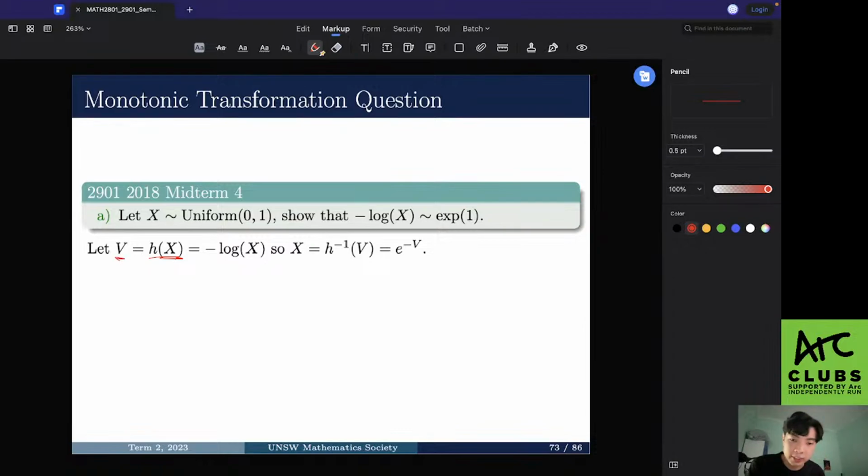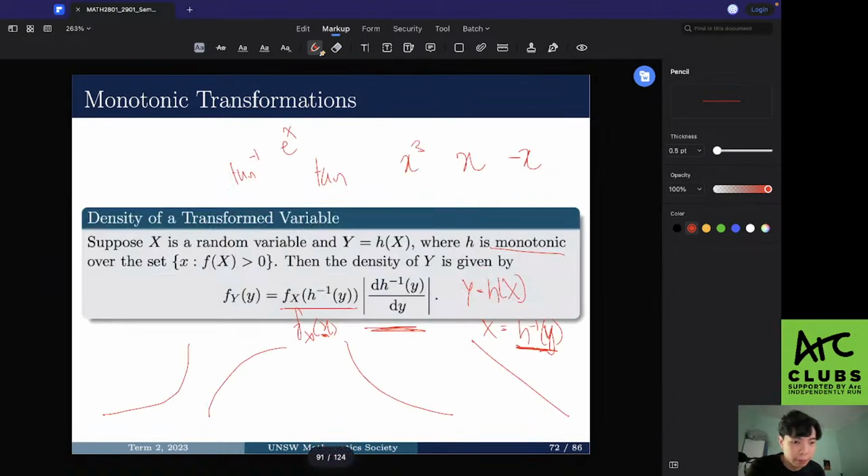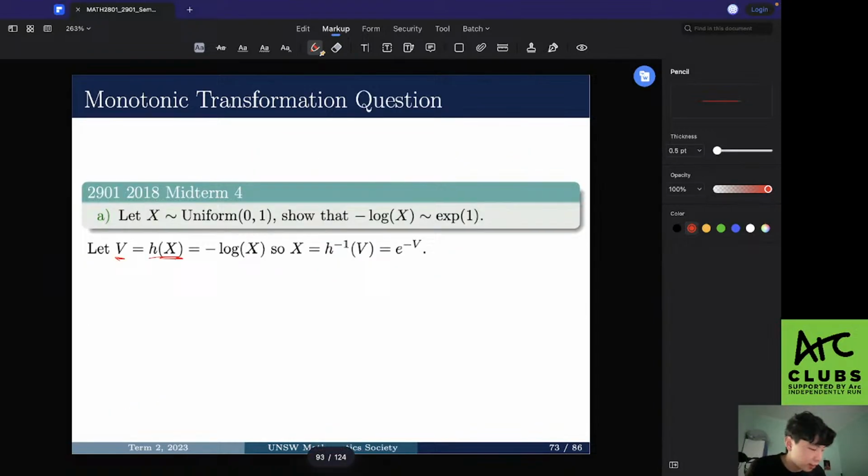The reason it's v is I think there used to be a part 3 of this question, but then I removed it just for time's sake. And that used a y, so I didn't use y here. But essentially, we have v, which is equal to minus log x. And since it's monotonic, we can find the inverse, where x is equal to e to the minus v.